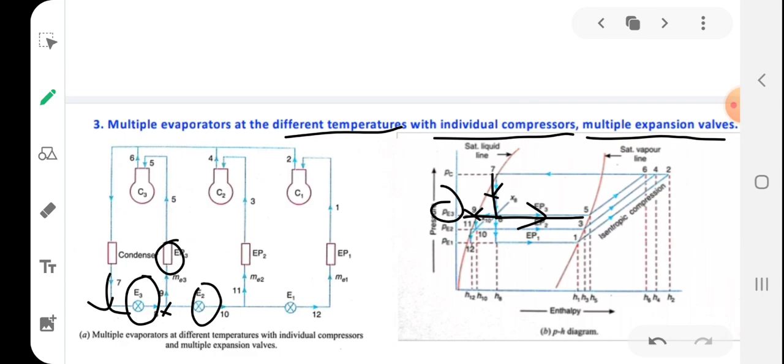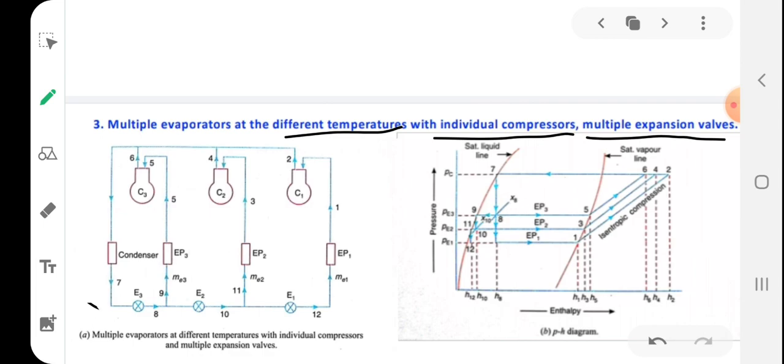All the vapor formed after leaving the expansion valve E3 will move to evaporator EP3 through this route. I will tell you once more: all the vapor formed after expansion in E3 will pass through evaporator EP3.